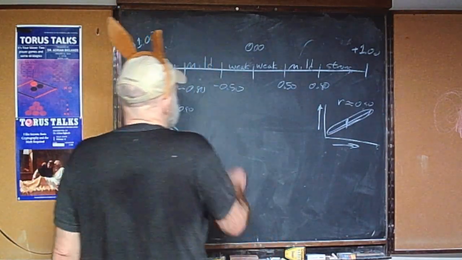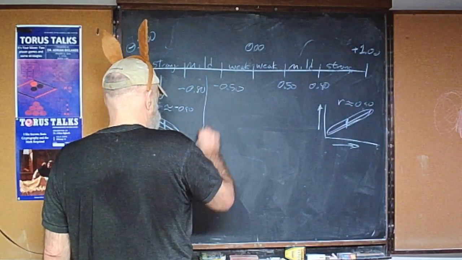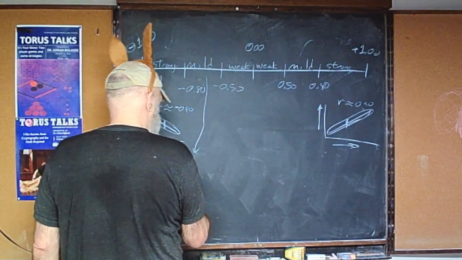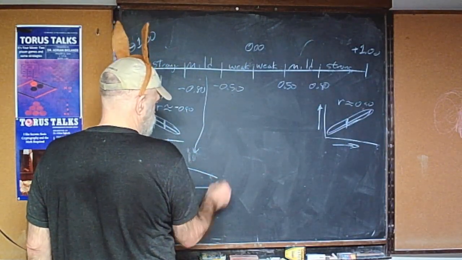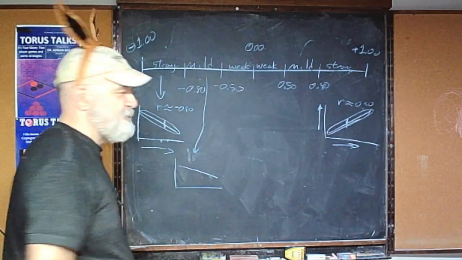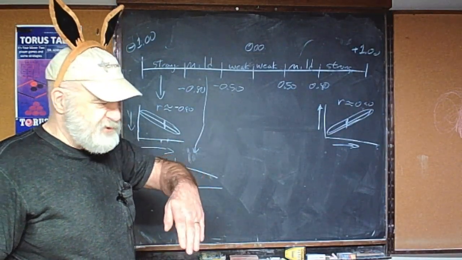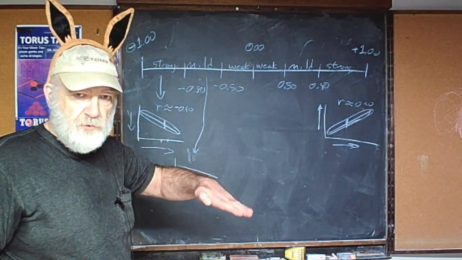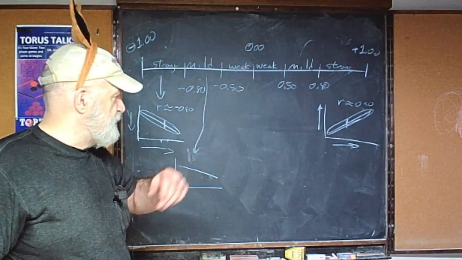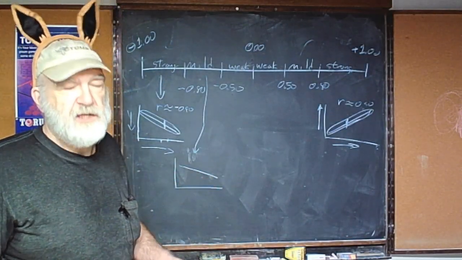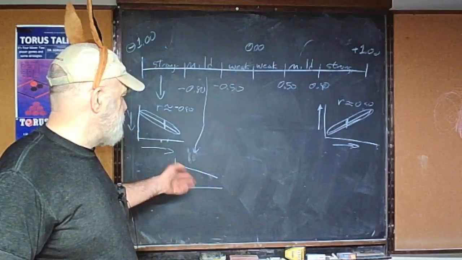Now, how about mild? Let's put mild down here. Again, it's still negative, and the slopes aren't going to be exactly the same, and that's not the point. Sure, the slope might be getting a little bit closer to horizontal, but remember, in the slope formula, which you haven't seen yet, there's other things besides just r in there.